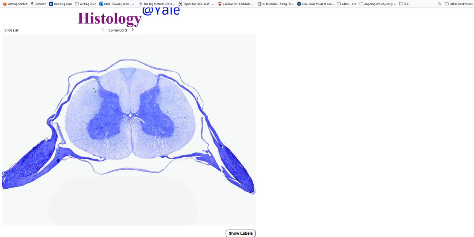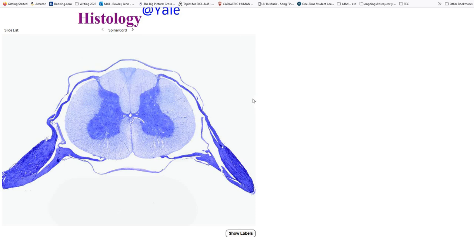They definitely look more horny. In the middle, we have our central canal, and connecting the two pieces of gray matter here, we have our gray commissure. So remember, gray matter in the spinal cord is going to be more interior, whereas white matter is more superficial, and this is reversed from what we saw in the brain.